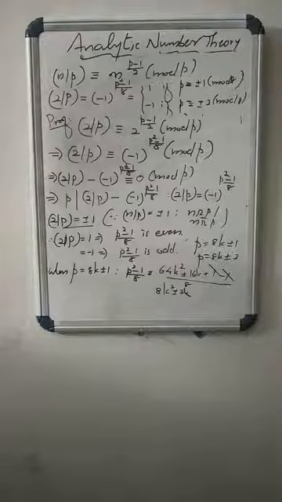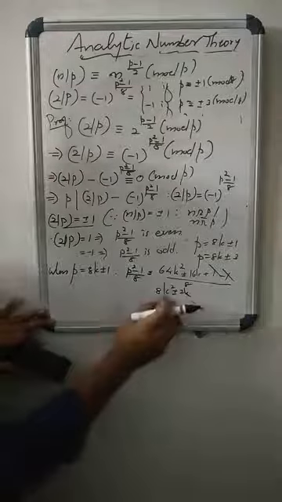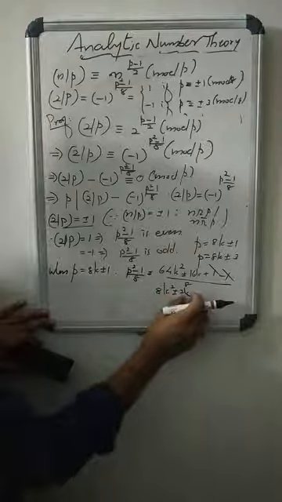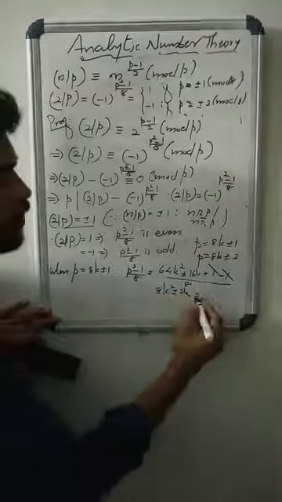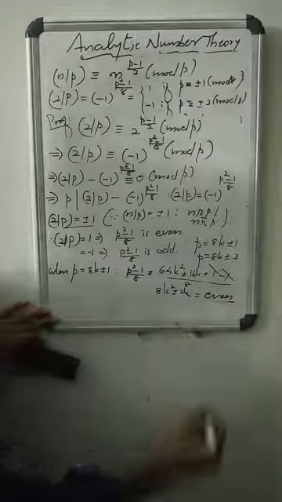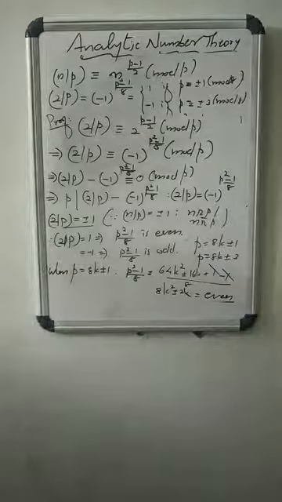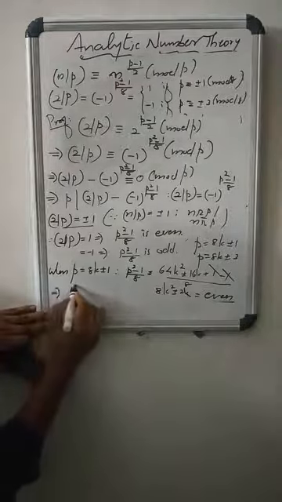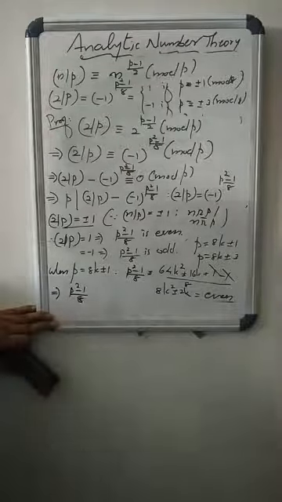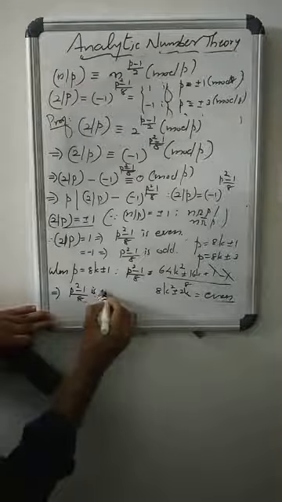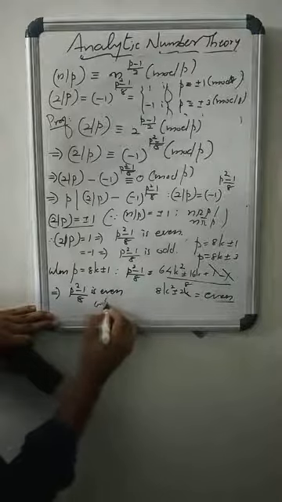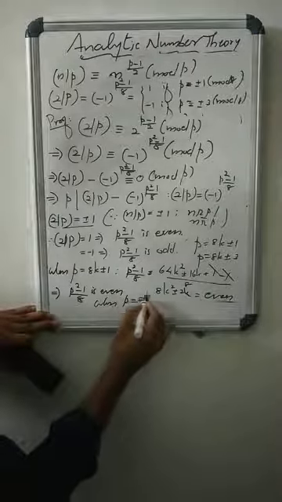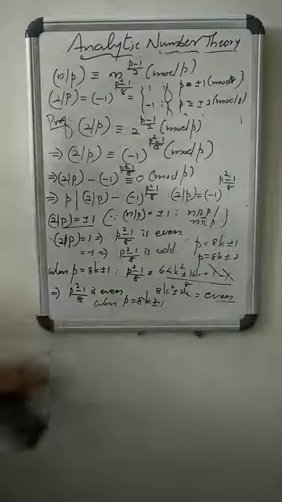So what is 8k² plus or minus 2k? 2k is even, 8k² is even, so it is always an even number. That means (p² - 1)/8 is even when p equals 8k plus or minus 1.